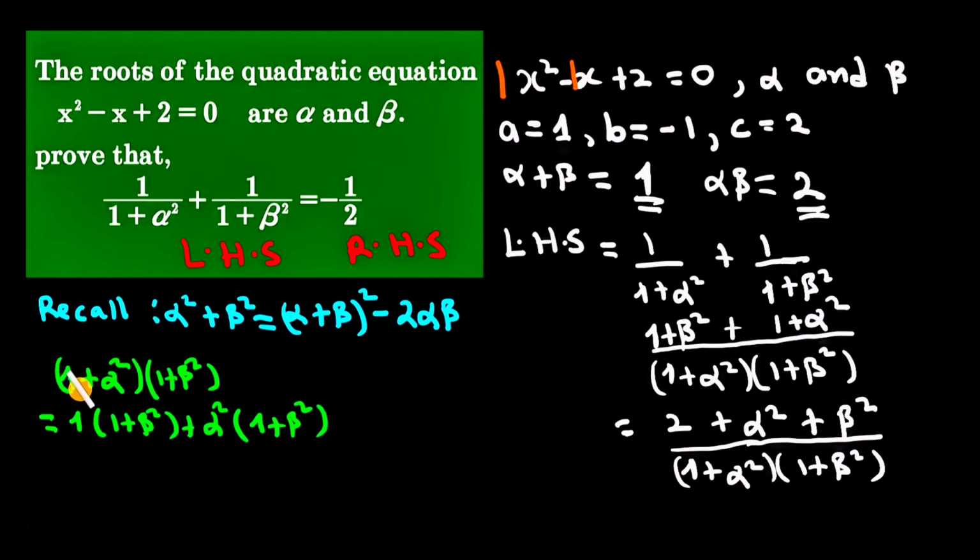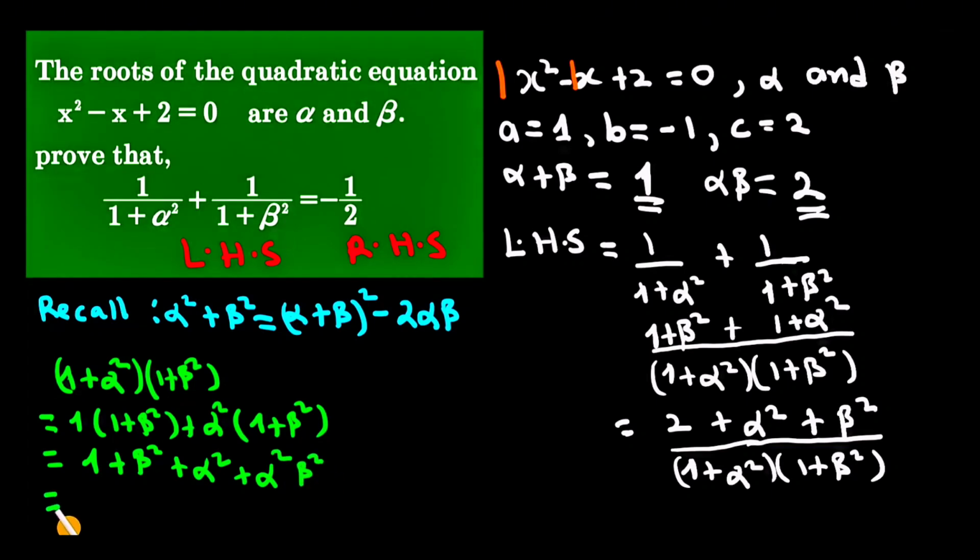That's, I take this one, multiply this bracket, plus this alpha squared times this bracket. Now 1 times 1 is 1. 1 times beta squared is plus beta squared, plus alpha squared times 1 is alpha squared. Alpha squared times beta squared is alpha squared beta squared.